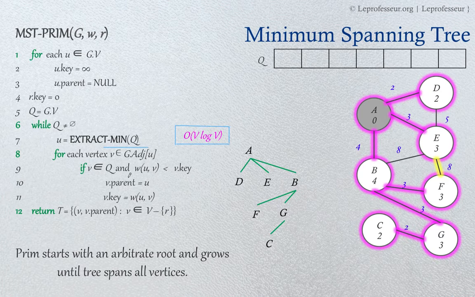And lines 9 to 11 we're going to execute in order of E. So if we see from line number 6 to 11, the total time is simply V log V plus E log V. We also need to mention that these initialization steps are all done in O(1), constant time.